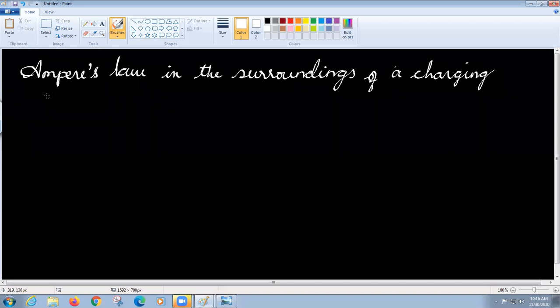So let me take a capacitor which is being charged. Things become complicated, or things reveal the flaw, when you consider a capacitor plate. This is plate 1 and plate 2.